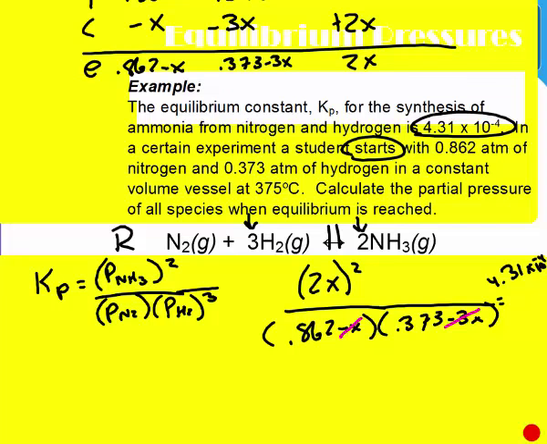So our 4.31 times 10 to the negative 4th times 0.373 times 0.862 gives us... and then 2x squared gives us 4x squared.